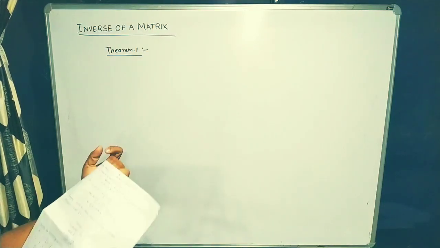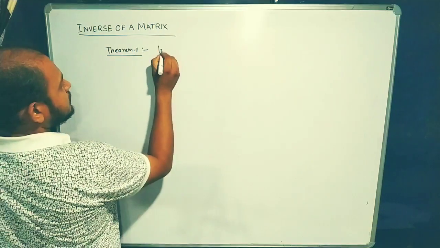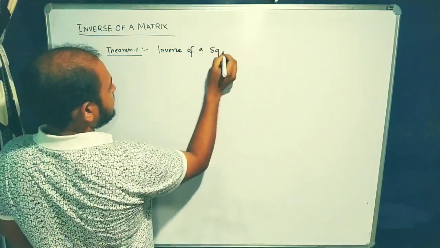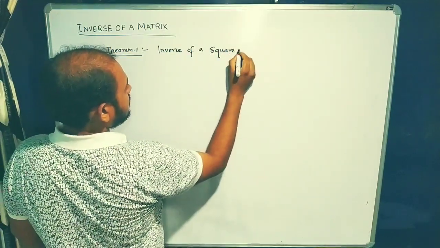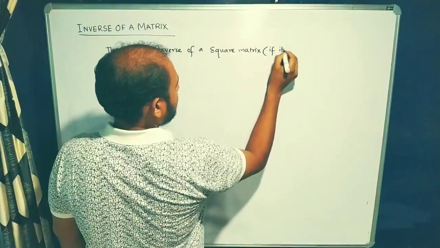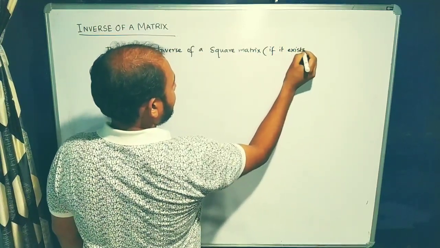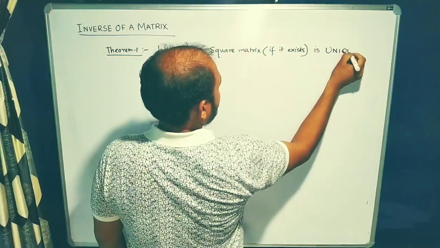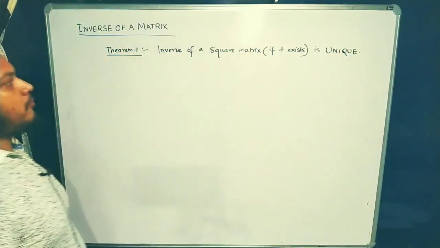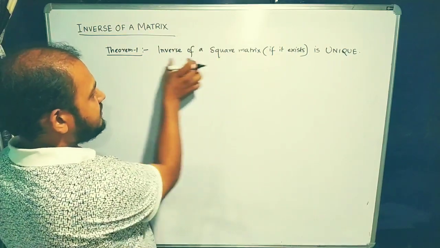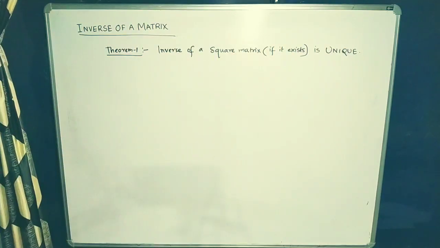First theorem is: the inverse of a square matrix, if it exists, is unique. So this is your first theorem. It states that if a square matrix has an inverse, then that inverse will be unique.